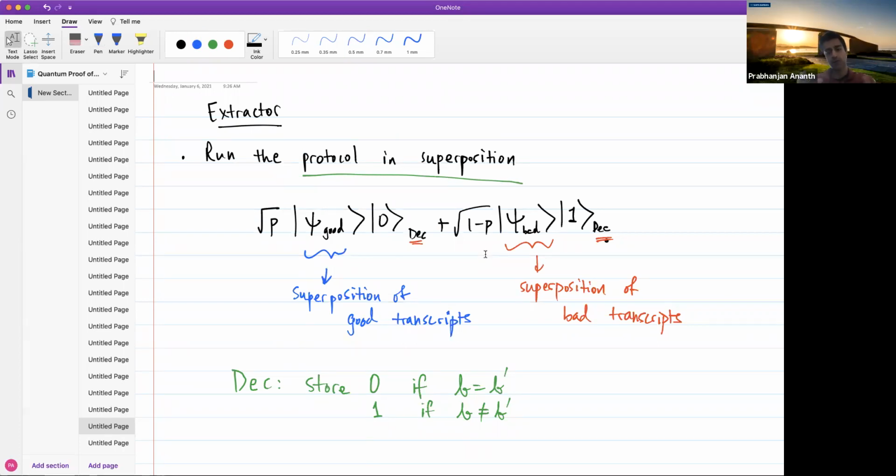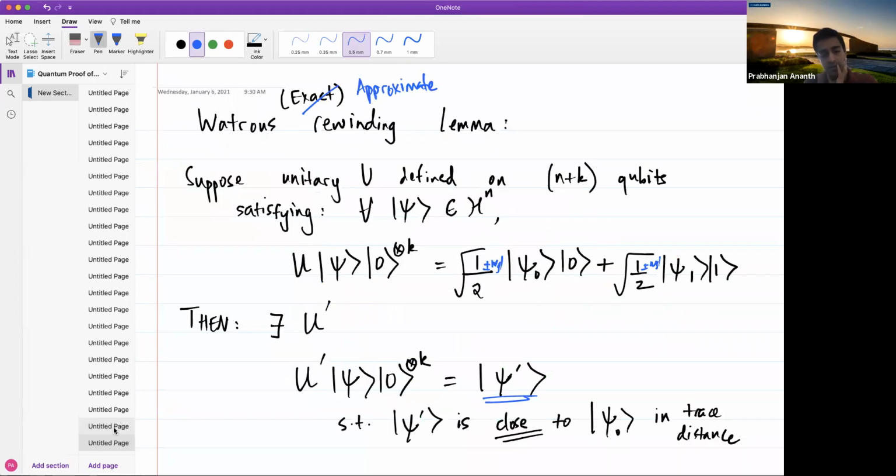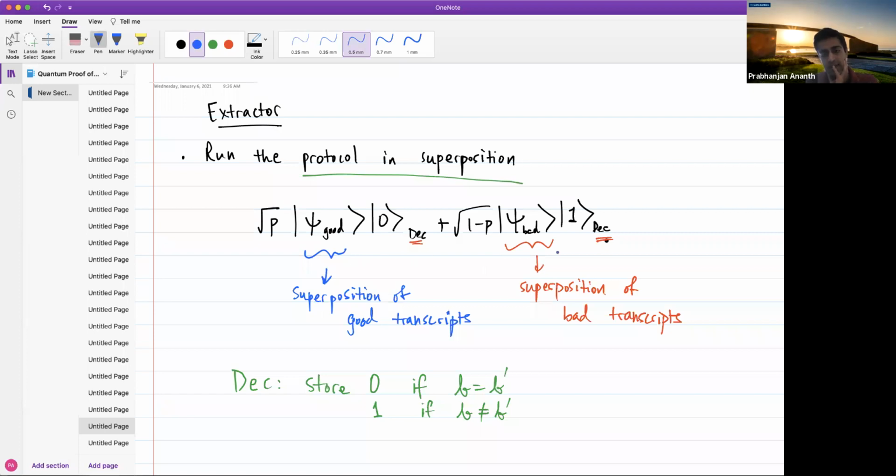Because if you end up with a state that's just a superposition of good transcripts, then that's the case when B prime is the same as B, which means that the extractor has successfully obtained the first bit of the witness W1, right? So somehow we need to use this lemma to go from this state to just this part, right?